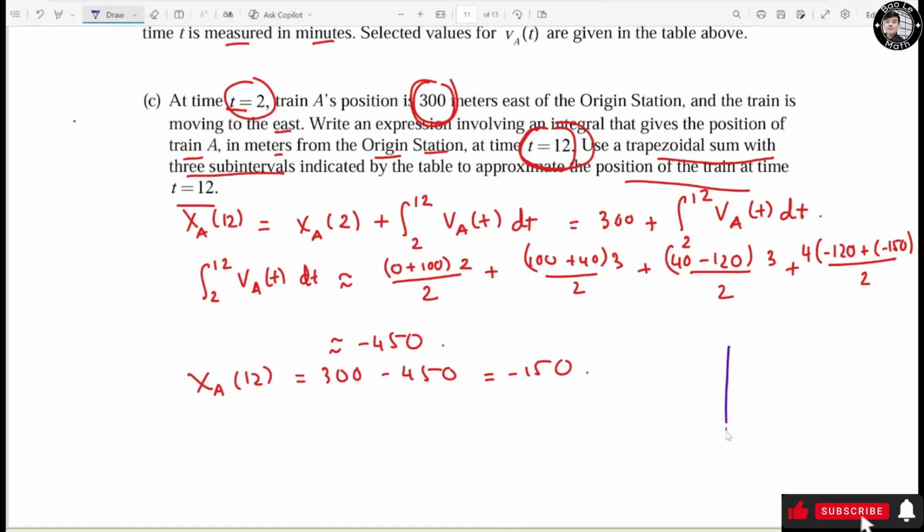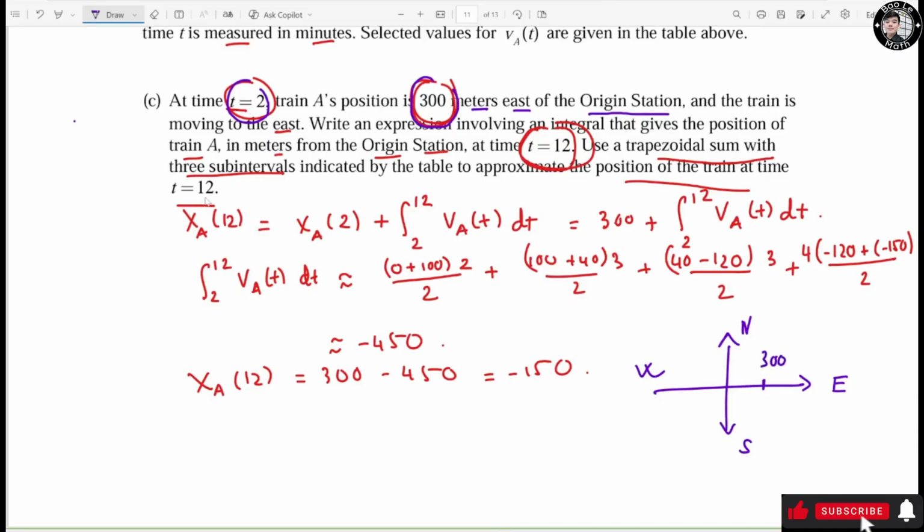Now we're going to set up the diagram. This is north, this is south, this is east, and this is west. At time t equals 2, train A's position is 300 meters east of the origin station, so it's right here, 300.